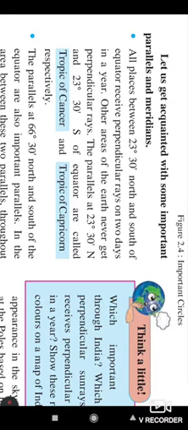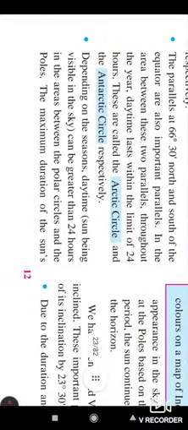Other areas of earth never get perpendicular rays. The parallels at the 23 degree 30 minutes north and the 23 degree 30 minutes south of equator are called Tropic of Cancer and Tropic of Capricorn.